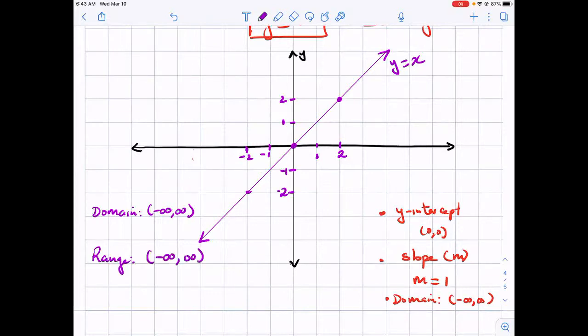So for any linear function, except the two special cases, the vertical and the horizontal line, for any graph in the form y equal mx plus b, the domain and range will always be -infinity to infinity.